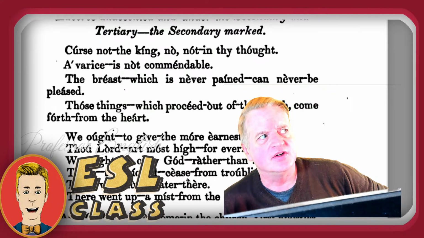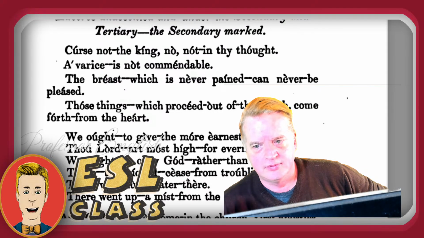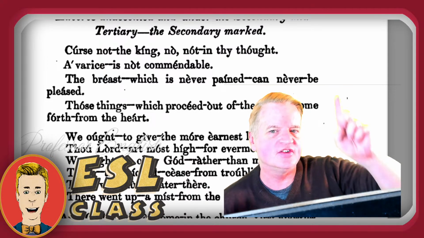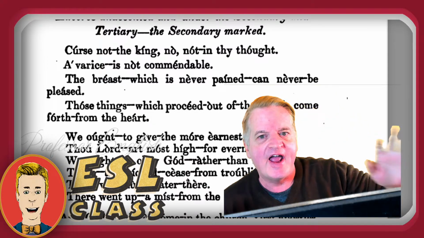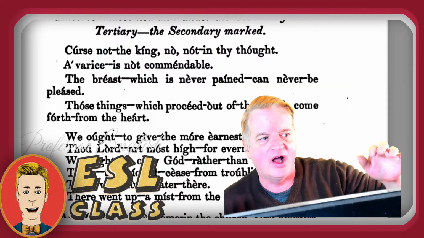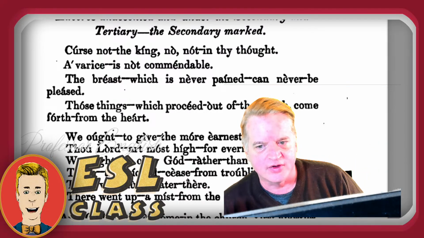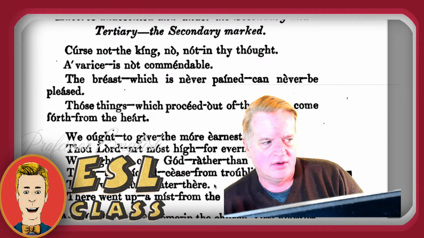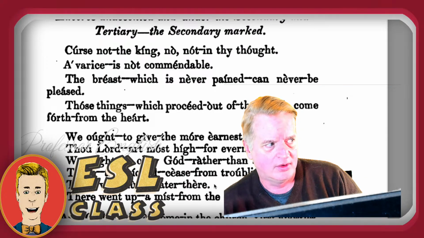Where's the accent in the word commendable? On the E. So how should you say that? I'm just going to say the vowels in that word. Commendable. Yeah, that's right.